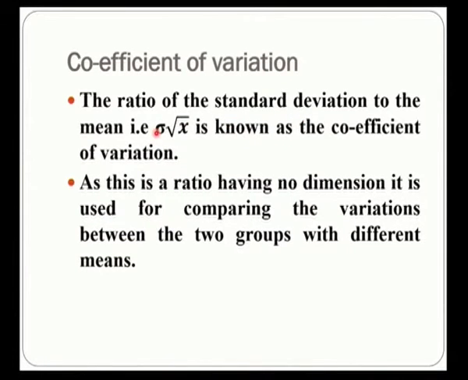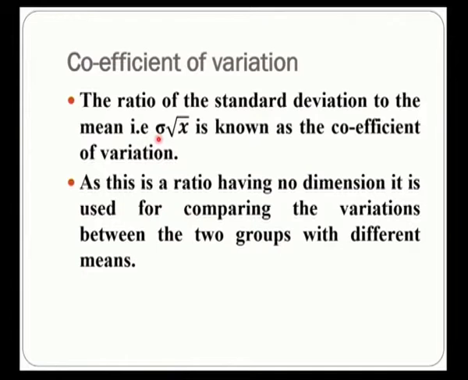You know that standard deviation is sigma, and the arithmetic mean is x1 plus x2 plus x3 etc. xn over n. So, the coefficient of variation is the ratio of standard deviation to the mean, that is sigma over x bar, and it is known as the coefficient of variation.